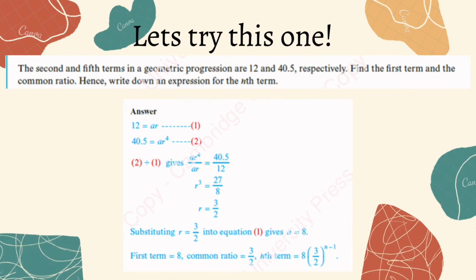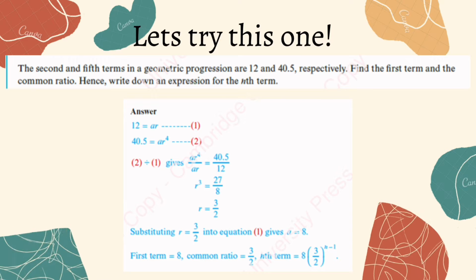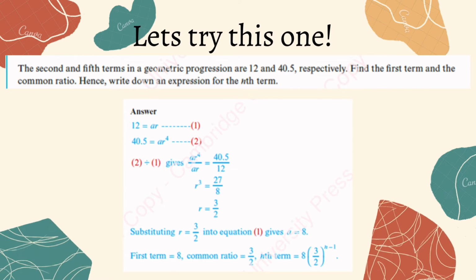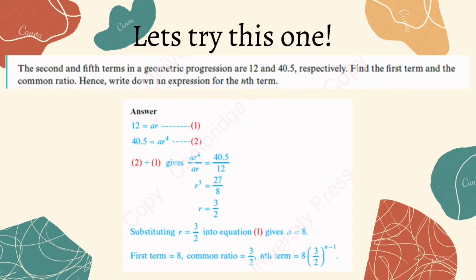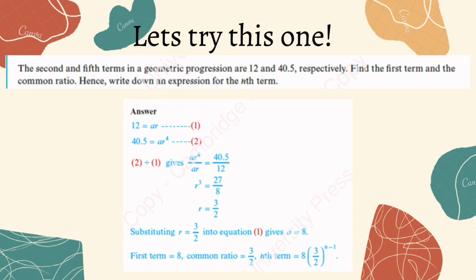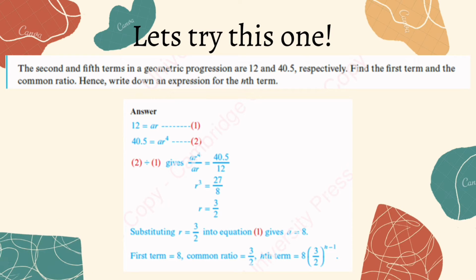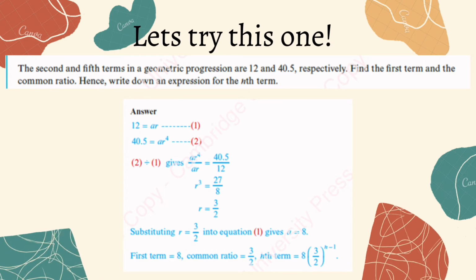Alright, let's try this question. This question is about geometric progressions. So for the first one, we need to find the second term in the form of the formula. So ar is equal to 12, and the fifth term, ar to the power of 4, is equal to 40.5. And next, we make the ratio between the two terms that we get.